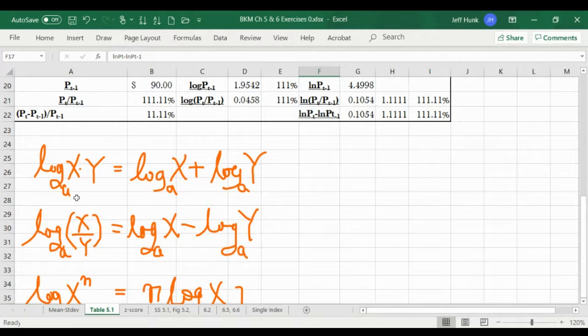Log of x times y to base a can be broken up into log of x plus log of y, as long as the base is the same. And then the so-called quotient rule, in other words, ratio, right?